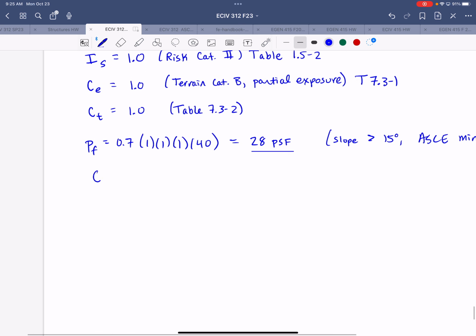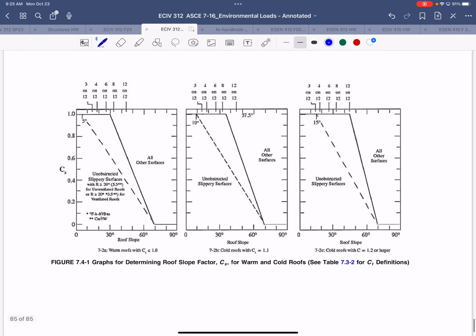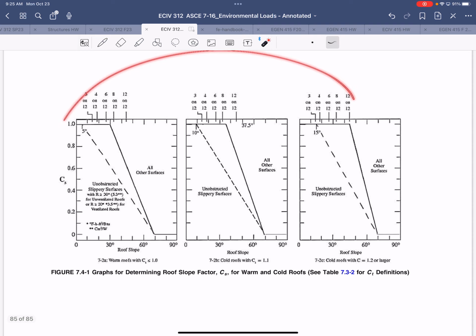All right, so now we have the slope factor to think about. So here we go to this table, all right? Now, which of these three charts should we use? Use the warmer one, right?